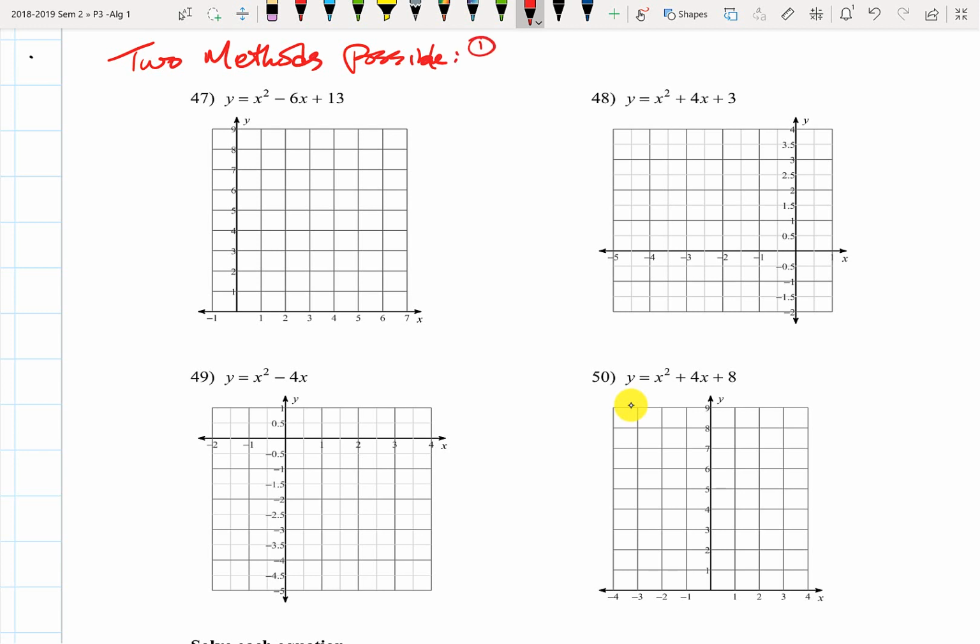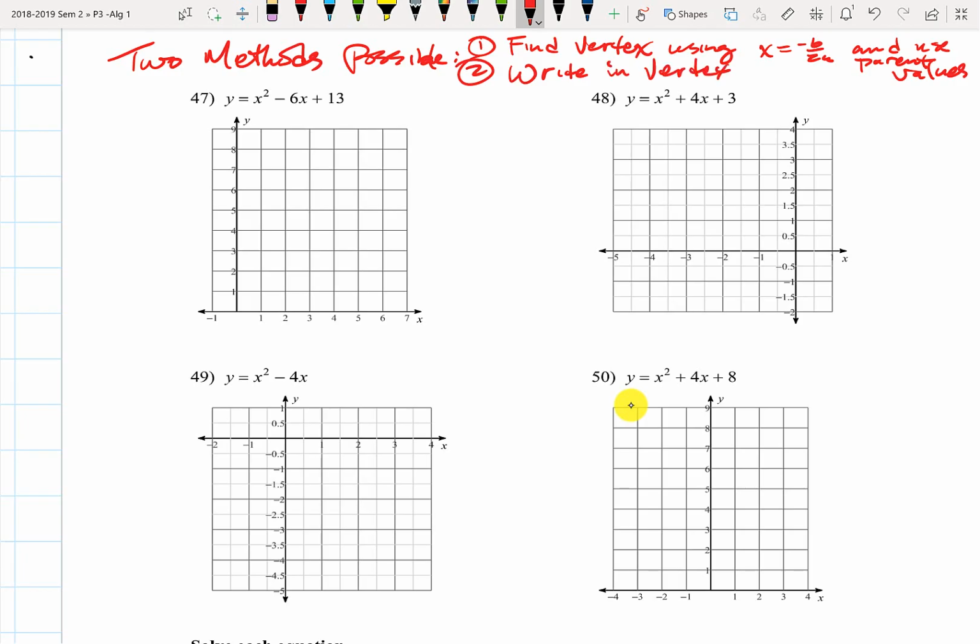First method, you can find the vertex using x equals negative b over 2a, and then use the a value and use parent values. I'm going to do it that way. Second method, you can write it in vertex form. It's a multiple choice test, so you get to pick your method.